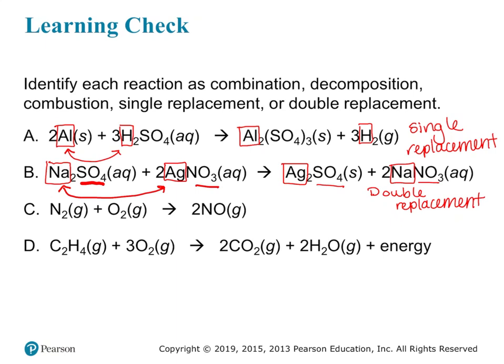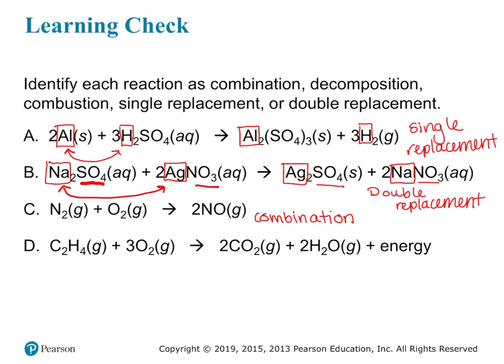What about C? We have nitrogen reacting with oxygen to give us a compound. Hopefully this one was a little bit easier. This is just a combination reaction. So we're just combining two substances to make one product. And then what about D?